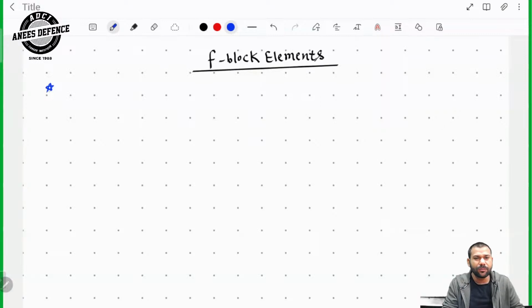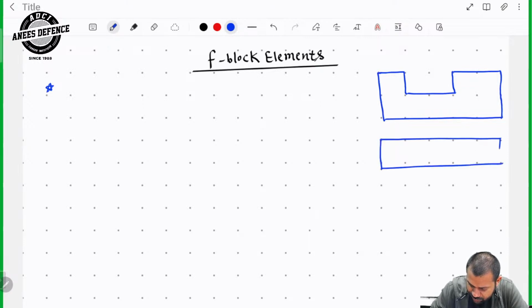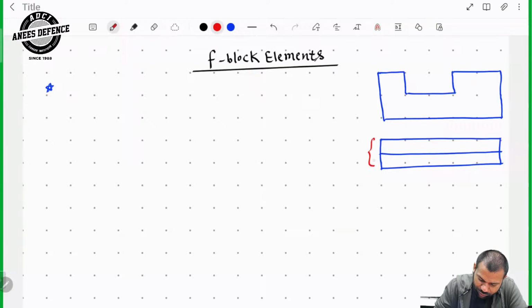The first point about F block elements is that F block elements are the elements which are placed at the bottom of the periodic table, right? This is some rough idea of the periodic table, and here at the bottom of the periodic table we have two horizontal lines. So these two together are known as F block.